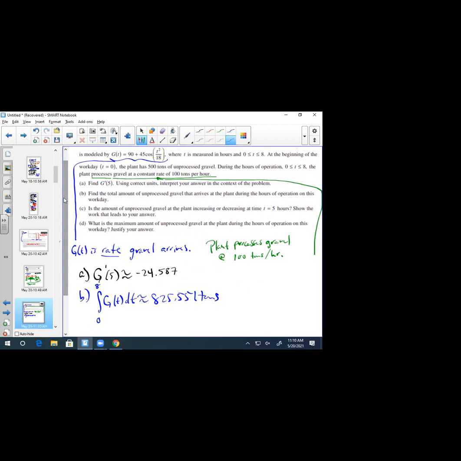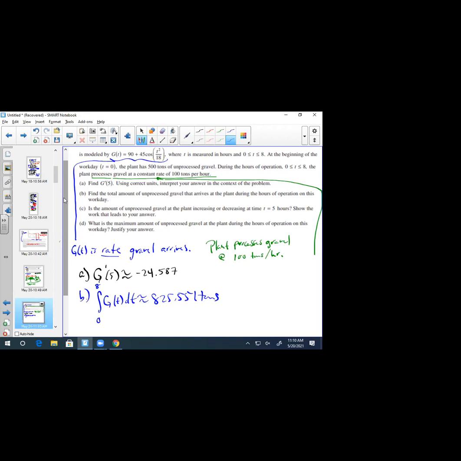So would you not add the 500 because that was already there before? Correct. It's only the gravel that arrives. The 500 tons did not arrive. That was already there. So G of t is the only thing that gives us the rate at which the gravel arrives at the plant. So you would not add in the 500 to it.